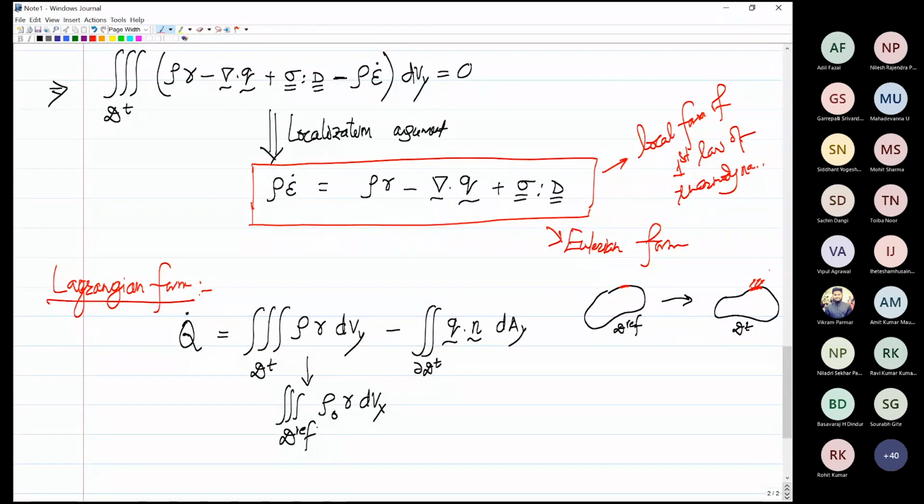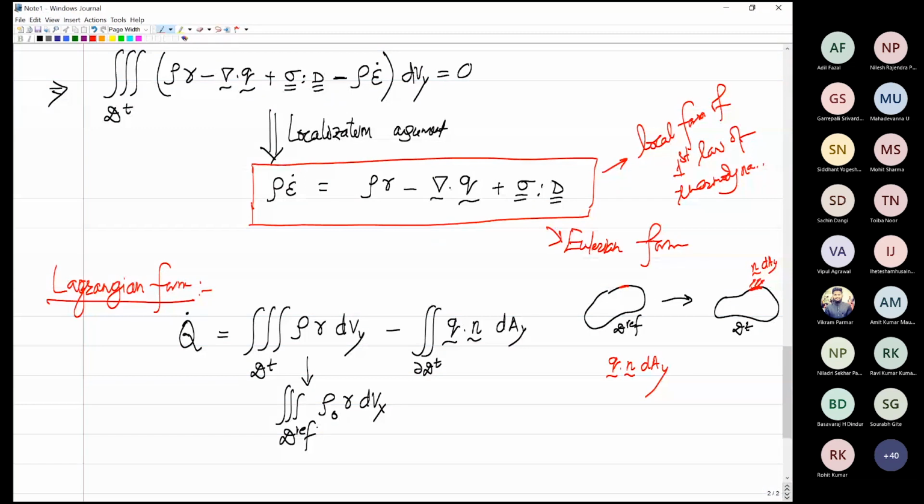The heat flux going out is, as we have written here, q dot N dAy. So this part here is N dAy.